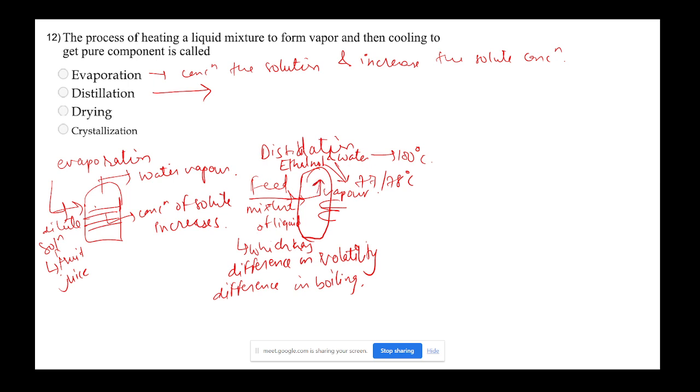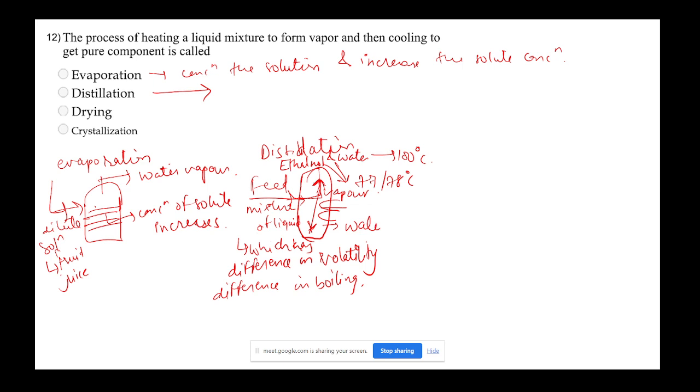If you provide a certain residence time in the form of length in the column, more and more vapor will travel upward, and a certain amount of water will also get vaporized, but as it moves upward there will be heat exchange between water and ethanol, and obviously water will condense faster, so water will tend to go downward because it is still in the liquid form.